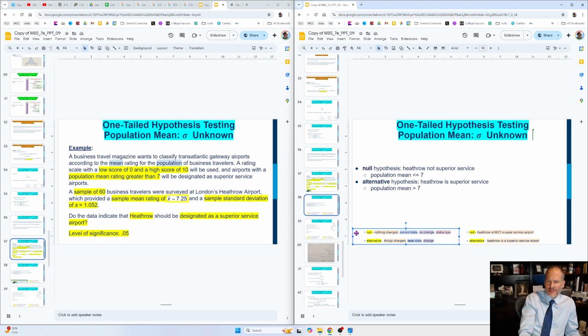That's the null hypothesis. And so in this situation, the null hypothesis is Heathrow is not superior service, because that's the current state. And to have that be true, the population mean has to be less than or equal to 7. And conveniently, the one other criterion we use is that if you're going to have equality in your hypothesis, whatever it is, it's got to be in the null hypothesis.